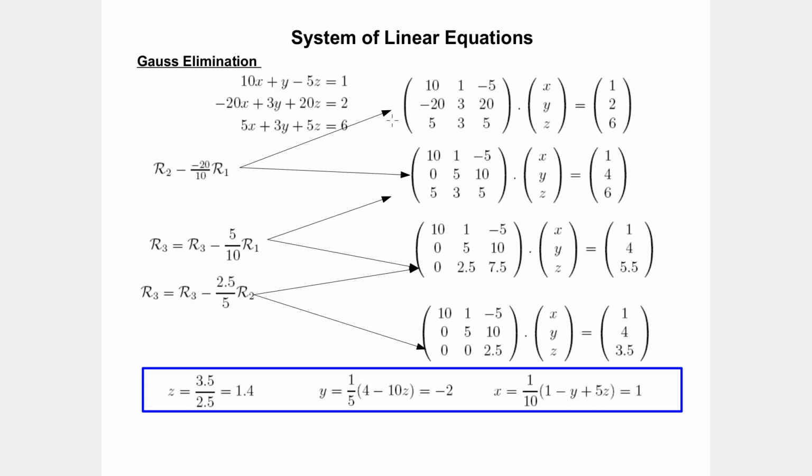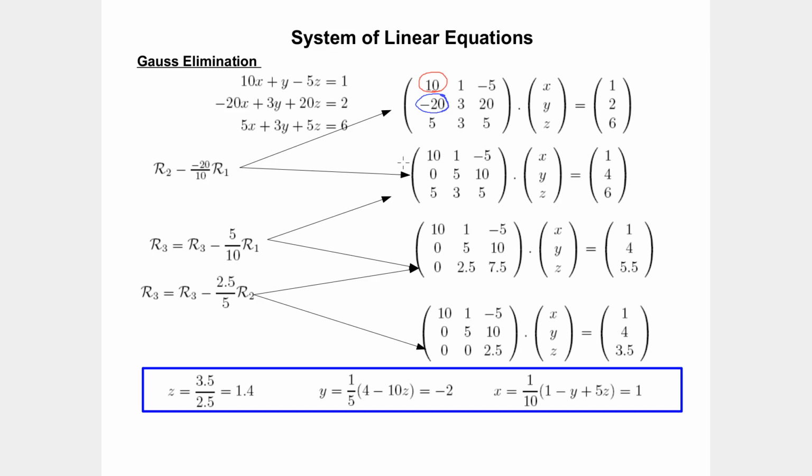That's what we found with this step. First we want to make this element 0, and we will make the elements 0 one by one. To make this element 0, you subtract from row 2 this element divided by the diagonal element above it, multiplied by row 1.